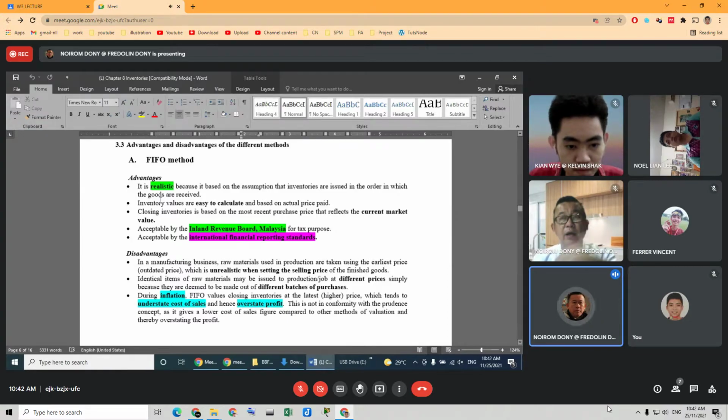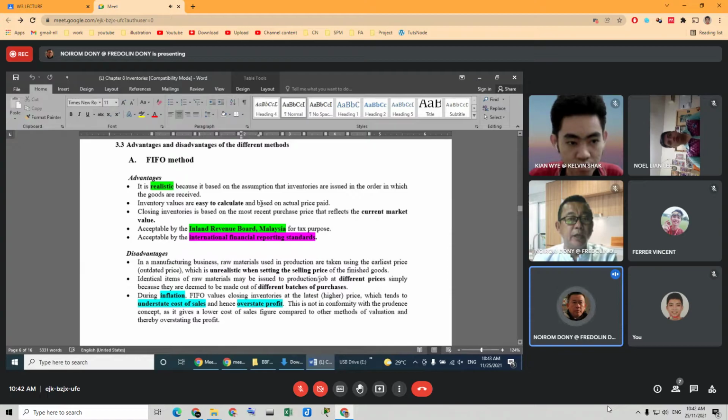Otherwise, if you consume the latest one, the old veggie becomes outdated, isn't it? So it is realistic because it's based on the assumption that inventory is issued in the order in which the goods are received. And inventory value is easy to calculate and based on actual price paid.